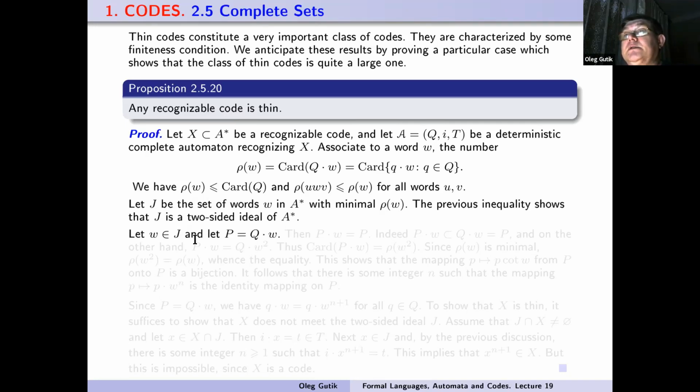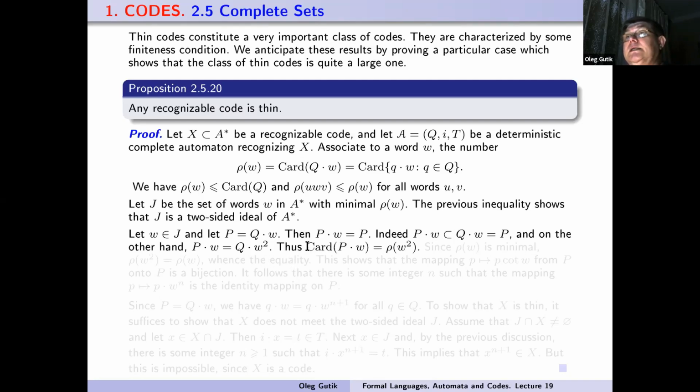Let w belong to the ideal J, and let P be the set of states Q multiplied by w, where P multiplied by w is equal to P. Indeed, P multiplied by w is a subset of Q multiplied by w, which is equal to P, and on the other hand, P multiplied by w is equal to Q multiplied by w squared.